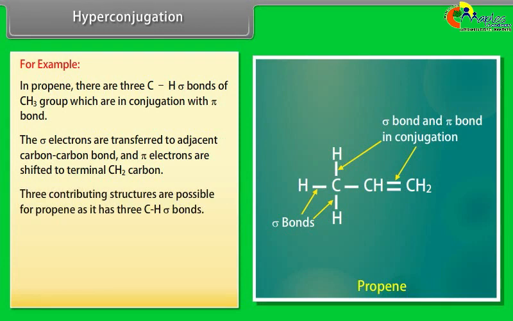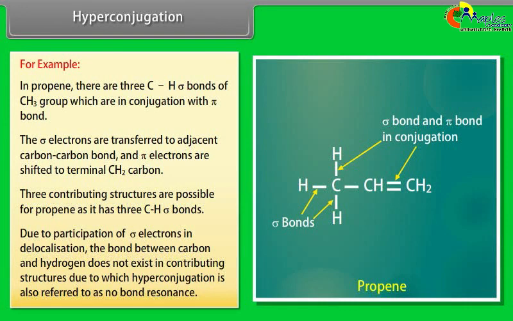Three contributing structures are possible for propene as it has three C-H sigma bonds. Due to participation of sigma electrons in delocalization, the bond between carbon and hydrogen does not exist in contributing structures, due to which hyperconjugation is also referred to as no bond resonance.